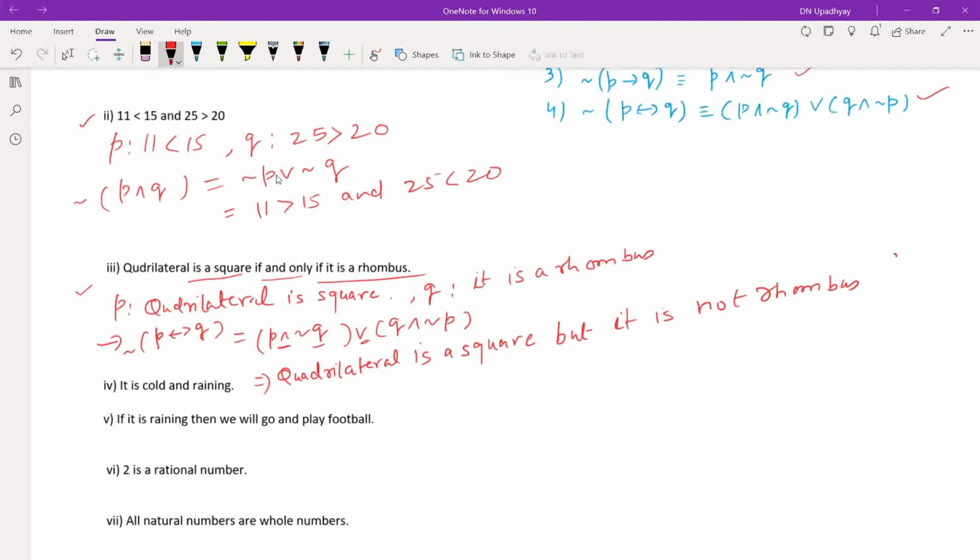And now there is sign or, so we can write or. Q means quadrilateral is rhombus, but it is not a square. So this will be the answer of question number 3, right?